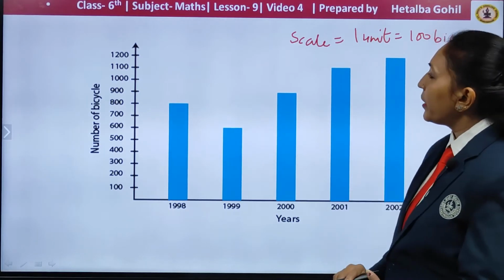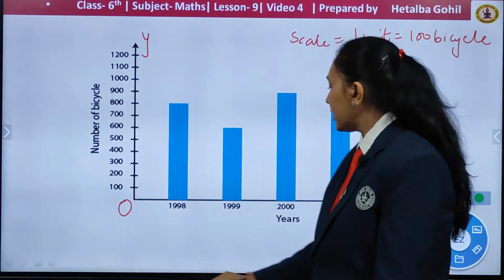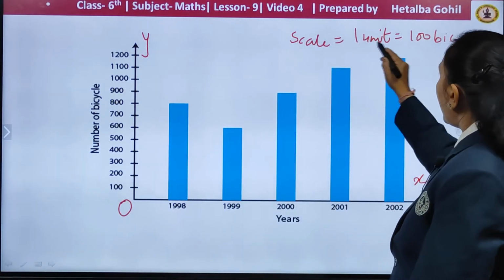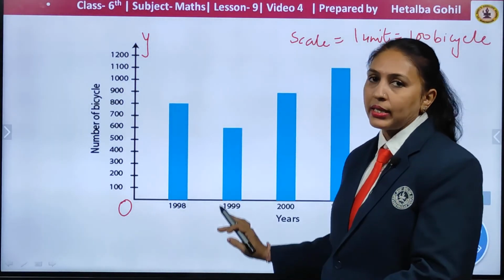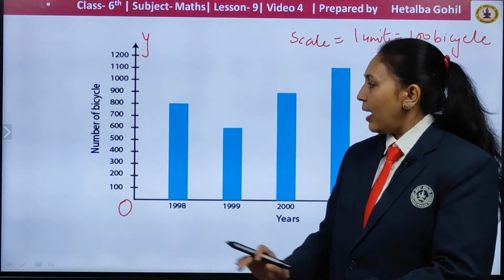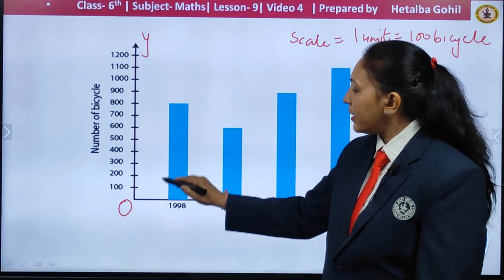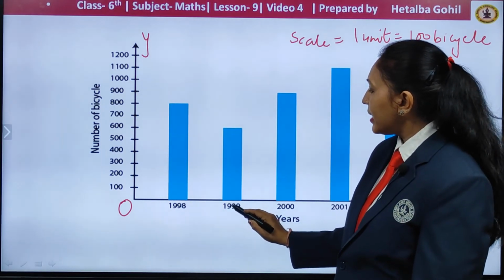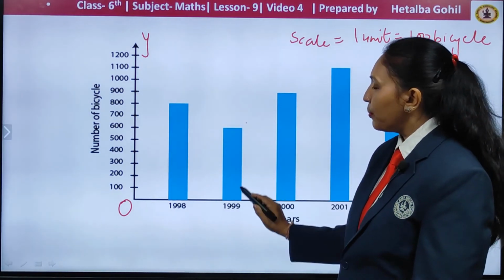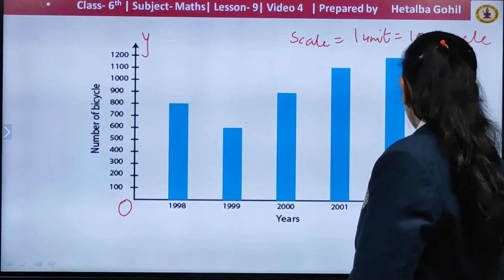So, do not forget to write y-axis, then 0 to mark here, x-axis and the scale. After writing this many things, you can start plotting the graph. According to the numbers, the first, 1998, it was 800. So, take your bar till 800. 1999 it was 600. You mark your bar till 600 and complete your graph.